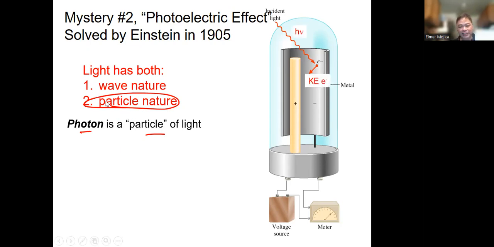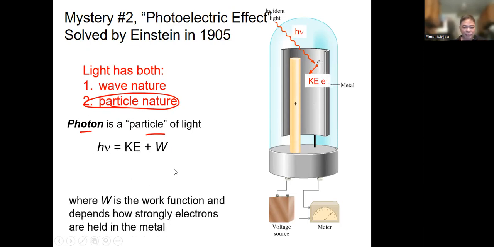So the way that he looked at it, nag-ano siya ng parang equation dito, that hν, which is just equals to what? Not kinetic energy. So it's equals to kinetic energy plus W, and W is the work function, and depends on how strongly electrons are held in the metal.